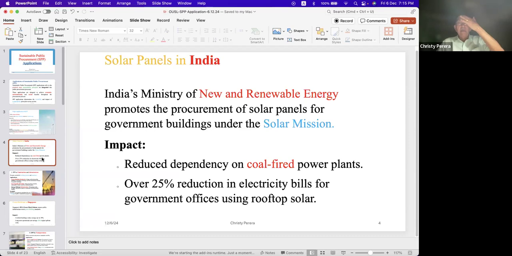Therefore, the government had to make power cuts for several hours on those days. Over 25% reduction in electricity bills for government offices using rooftop solar. In India, under this Solar Mission scheme, they have reduced 25%. So that is a big amount in electricity bills for government offices.